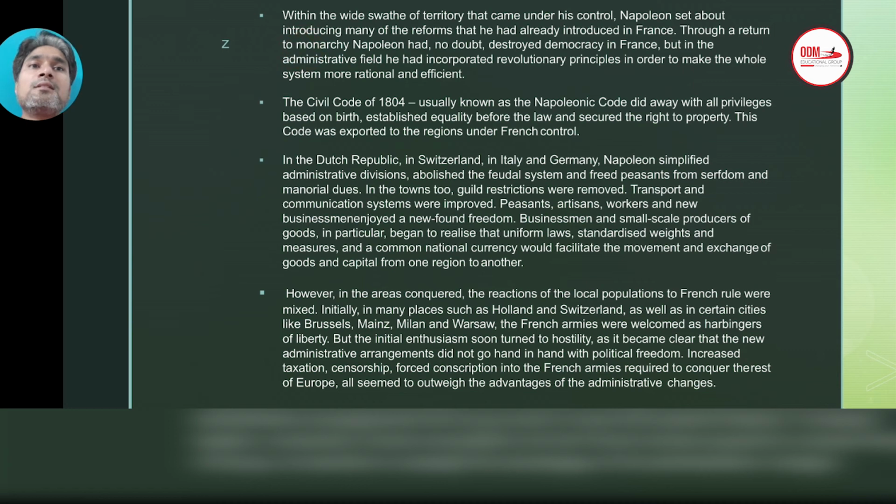Within the wide stretch of territory that came under his control, Napoleon set about introducing many of the reforms. So here we all know there was some political instability in France, okay, and Napoleon took advantage of that instability and declared himself the ruler.